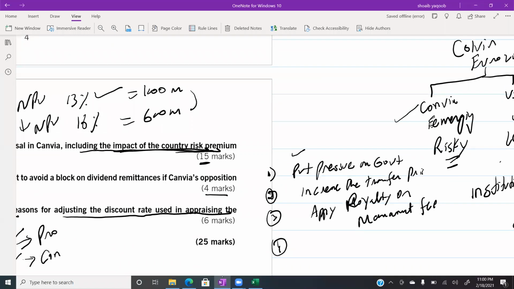Number four, use an intercompany loan. Using an intercompany loan, you can transfer funds from the subsidiary company. Your subsidiary company will provide a loan to another company and you will receive that amount from that company.